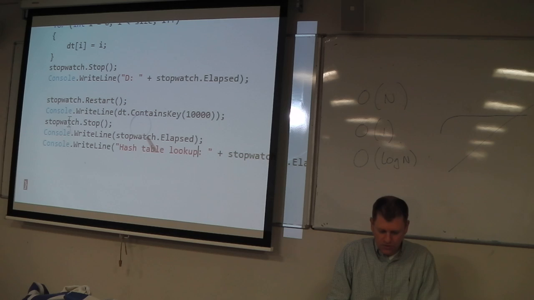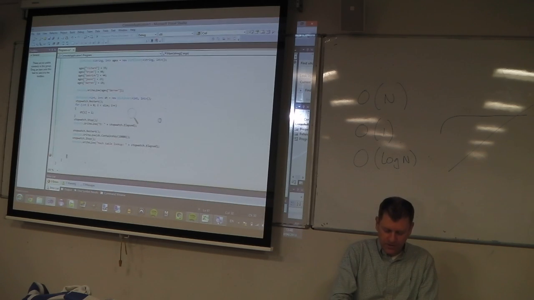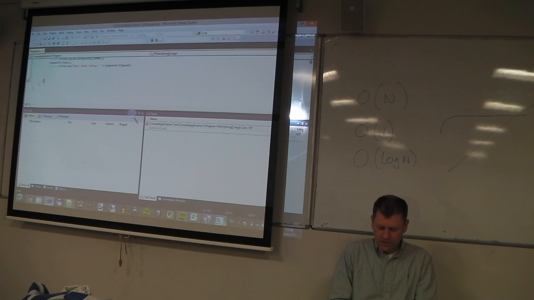Okay, so let me just zoom in there, make sure that's right. So restarting, searching the list to see does it contain that, stopping, and then printing out the elapsed time. Using that dictionary, hopefully we're going to find that it's a lot faster than doing the array search.